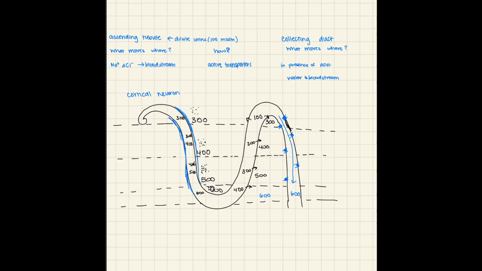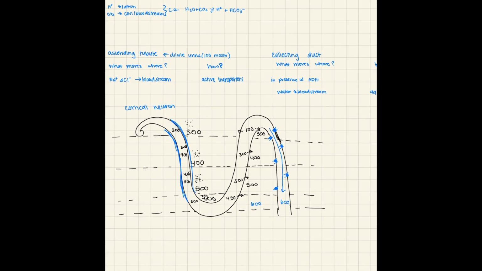Now, what's really interesting is if you have a juxtamedullary neuron, you can elongate this so it gets really long, and you can get up to 1200 milliosmolar concentration. So that would mean you can concentrate your urine twice as much, which is why some animals are way better at preserving water than we are, because they can concentrate their urine way more than we can.